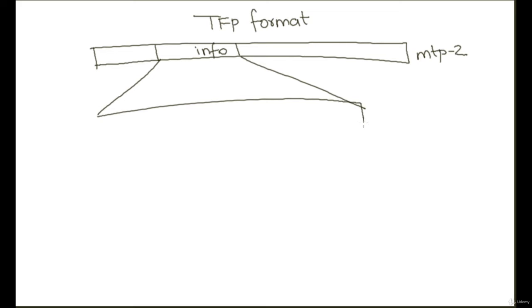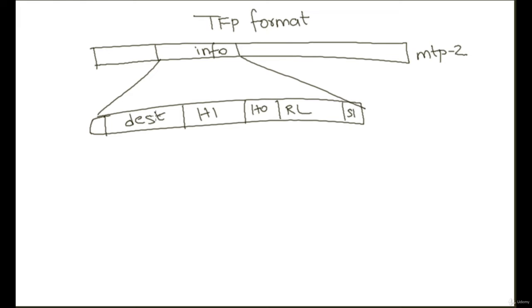In the info part, there is SI, there is a routing label, there is header 0, header 1, destination, and the spare bit. Routing label and service info are pretty standard in all MTP messages, so I'm not going to take that up. H0 and H1 are the headers that will identify the type of message.